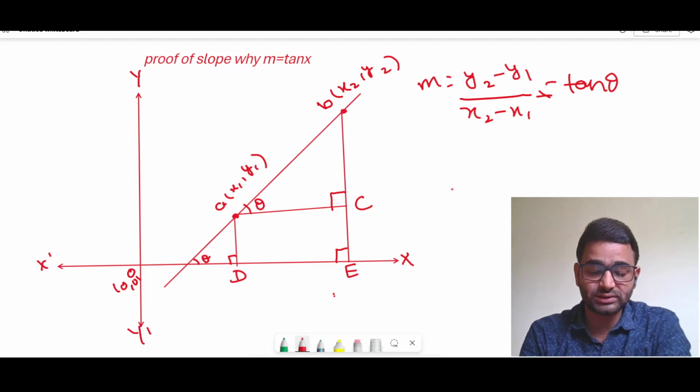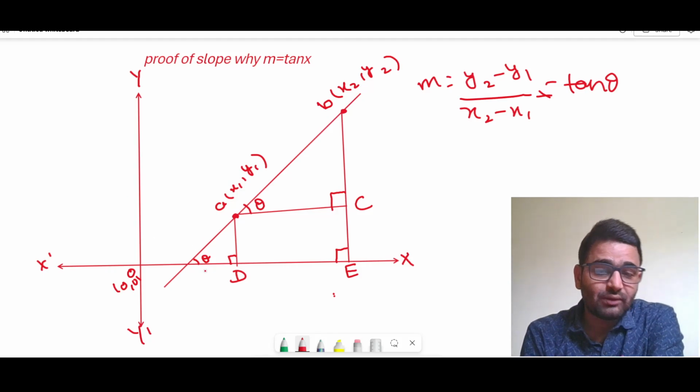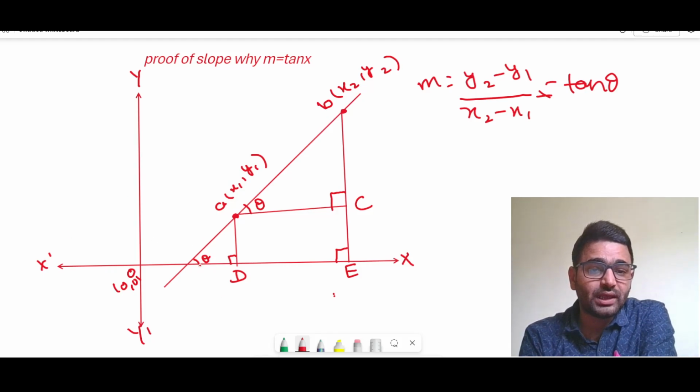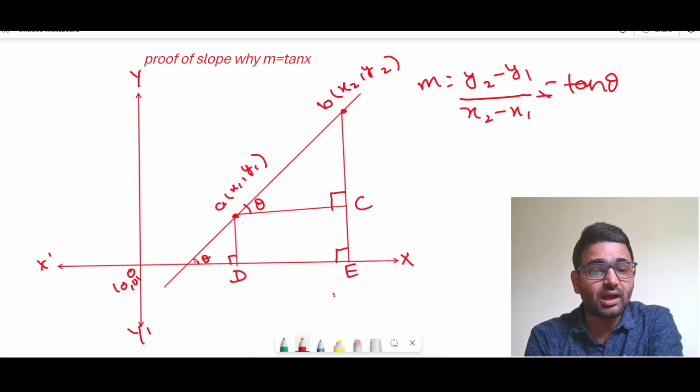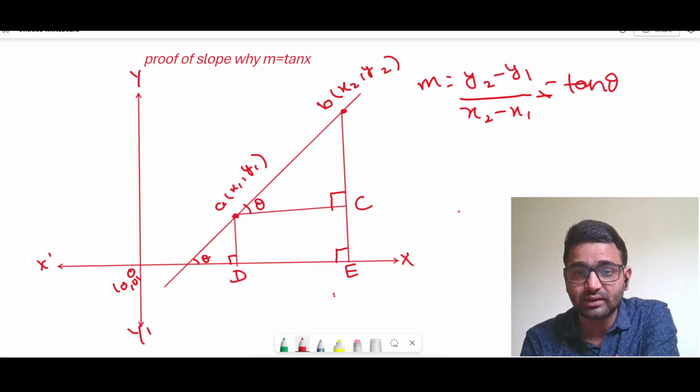First understand one thing: what is slope? Slope is nothing but the angle taken from the positive x direction. If this is a line, then the positive direction for this line is this part, and this part is the negative direction.